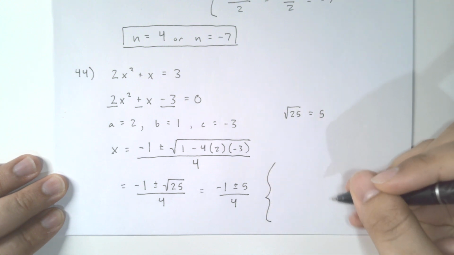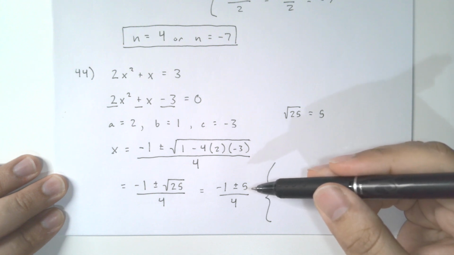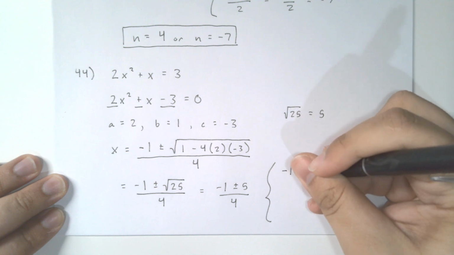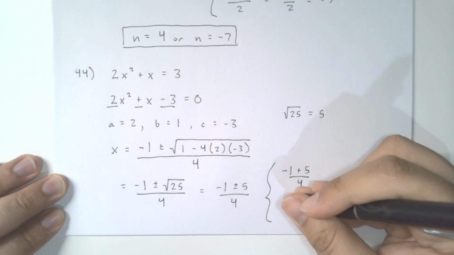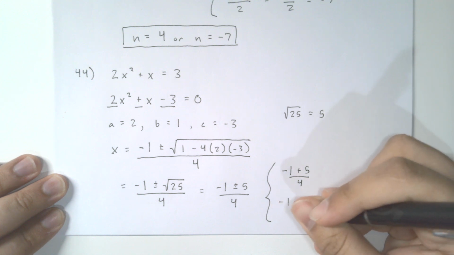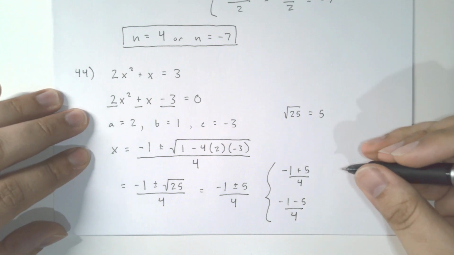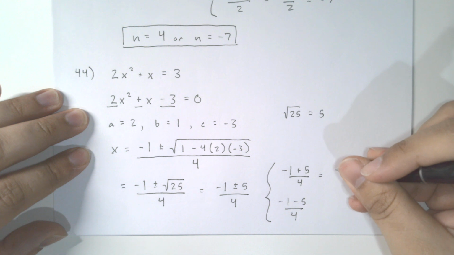Since we don't have any square roots left over, we have just two rational numbers. We have negative 1 plus 5 over 4 and negative 1 minus 5 over 4. Calculating these out, negative 1 plus 5 is going to be 4.